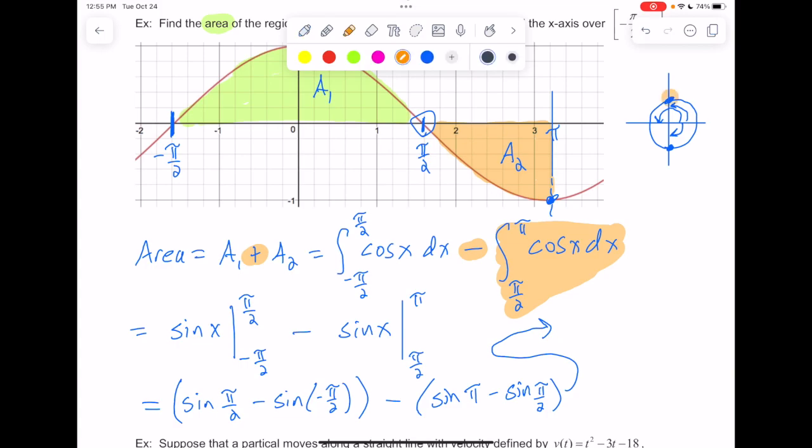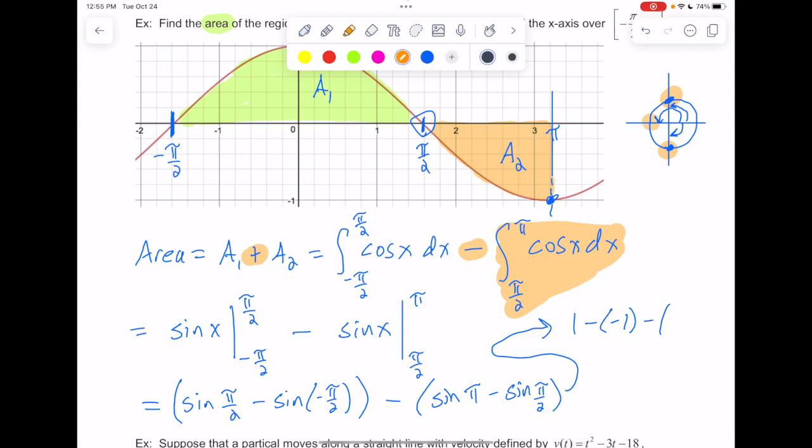Sine of pi over 2 is up here. Sine is the y value. Up there at that top spot, that's a 1. So sine of pi over 2 is going to be a 1 minus sine of negative pi over 2. And sine of negative pi over 2 is down here, so sine is a negative 1. So we get 1 minus a minus 1. And then minus sine of pi.